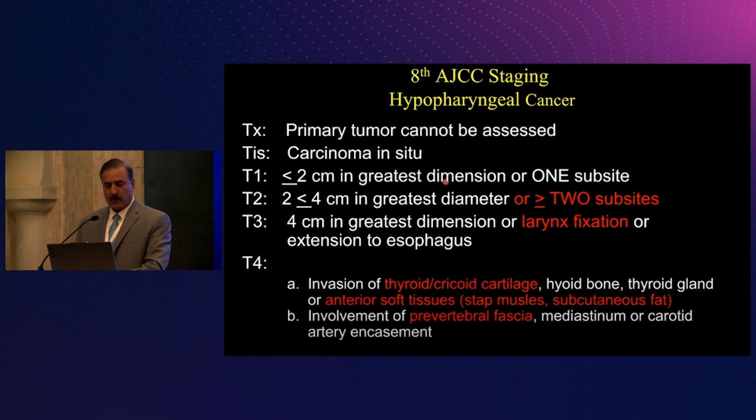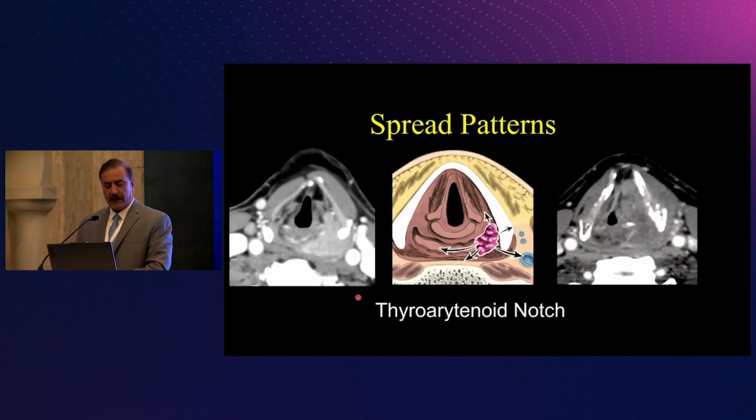Now, moving on from our T1s to T2, of course, the size matters, but involvement of two subsites is very important when you are evaluating your imaging. So here you have a cancer that is involving the hypopharynx, but what is happening is that it usually wants to get out through the cricothyroid notch, but there is a strong ligament there which does not let the cancer blow out laterally.